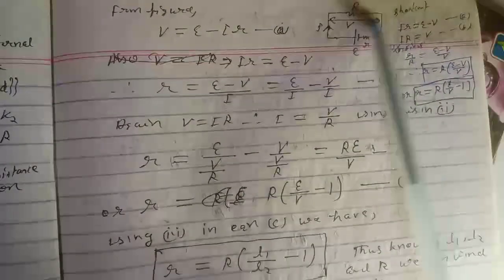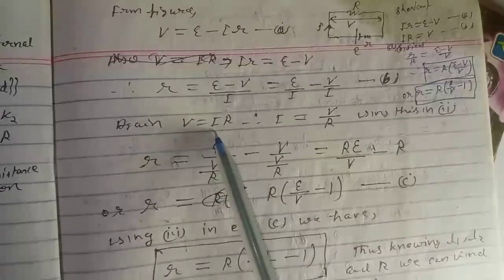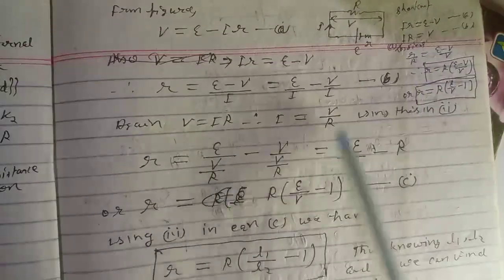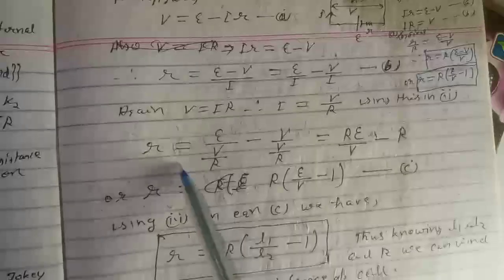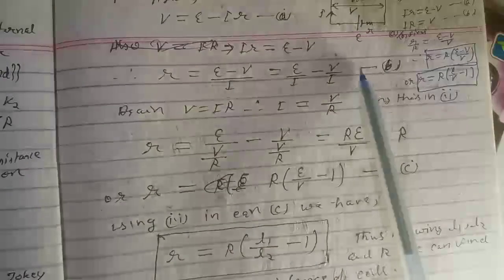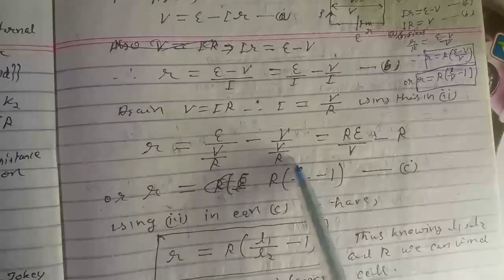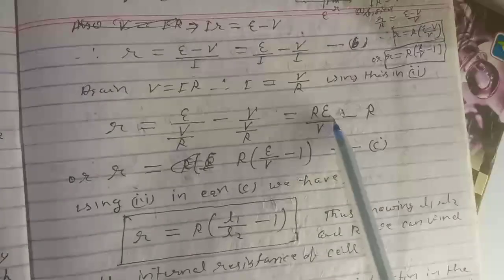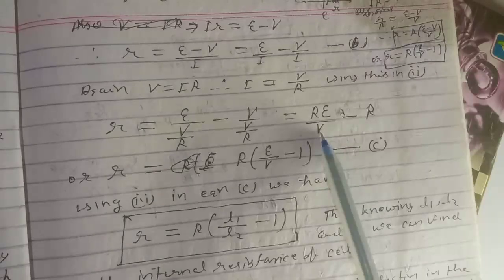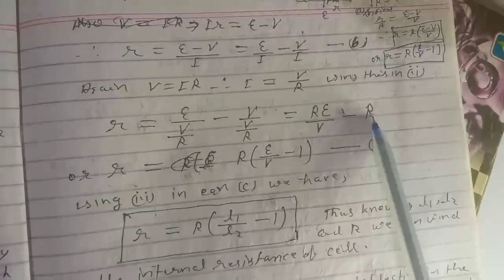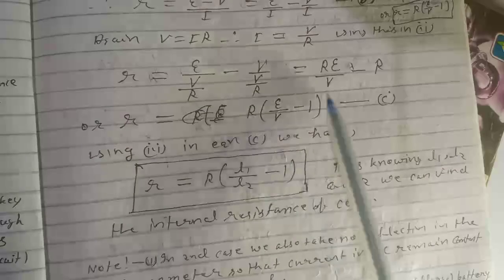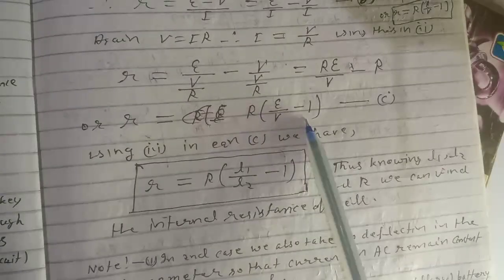Again, we know that the potential difference across this point is V equal to IR. Hence I equals V by R. Using this in equation B, we get r equals E by (V by R) minus V by (V by R), which equals RE by V minus R. Hence r will be equal to R into (E by V minus 1).